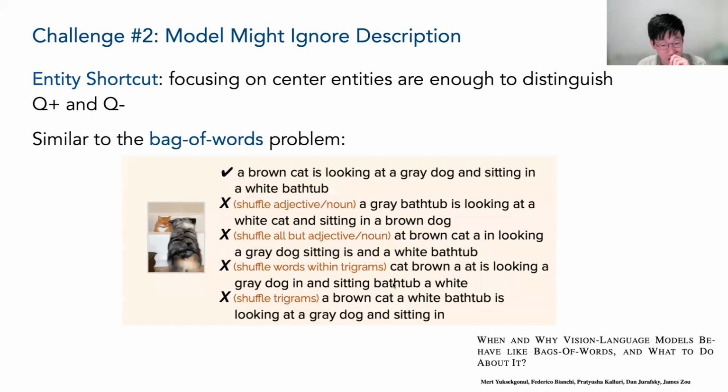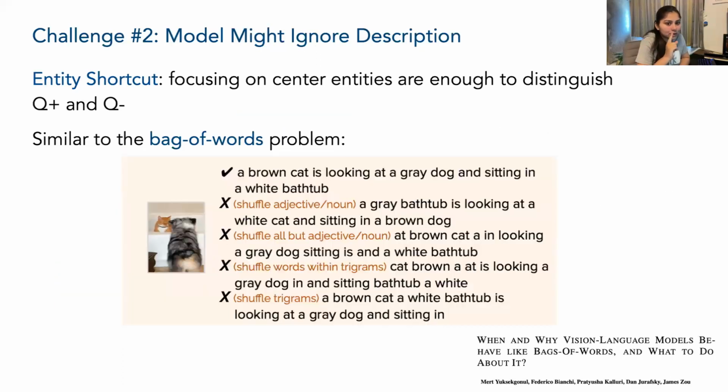Even if you shuffle the sentence to a gray bathtub looking at a white cat and sitting in a brown dog, or even crazier swappings, the model doesn't distinguish them. They give very similar alignment scores and don't pick out the most correct sentence. This is a similar observation to ours: if you don't give enough incentive, the model will not pay attention to the description. In their case, it's the word order.